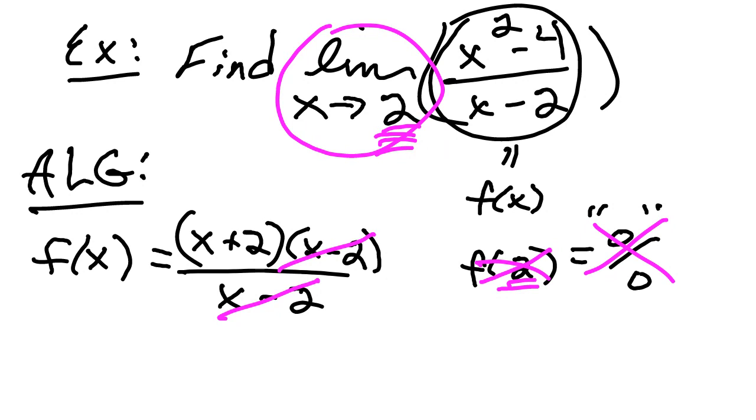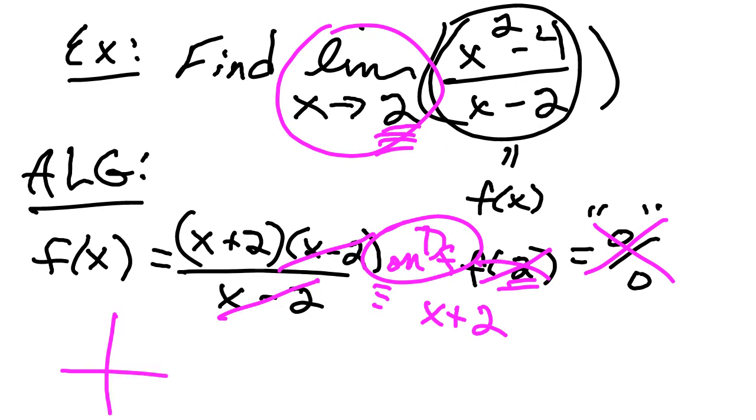Anyway, this is equivalent to x plus 2. And where is it equivalent to that? On the domain of f. This is back to what we did in section 1. And so what could I do now? I could just plug in 2 here, and I get a height of 4.